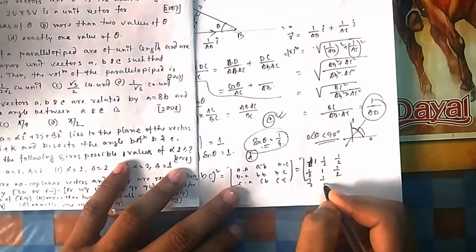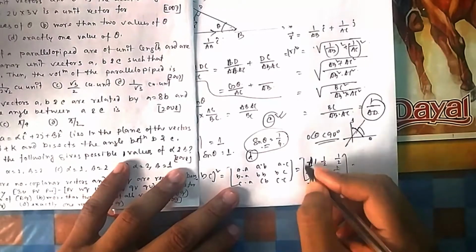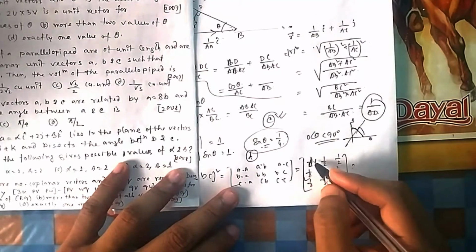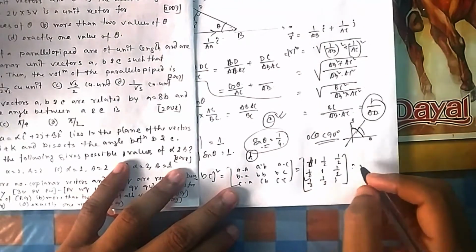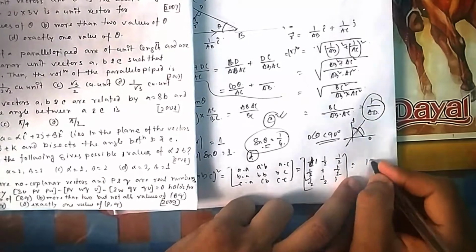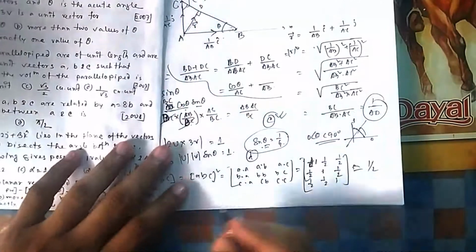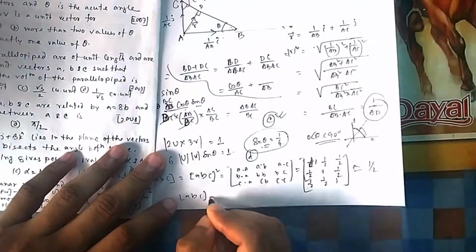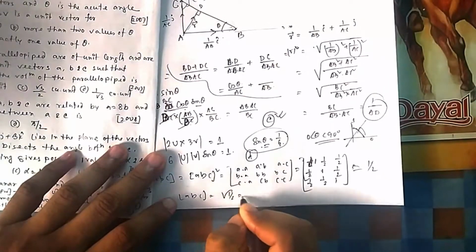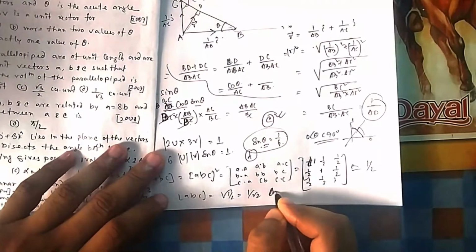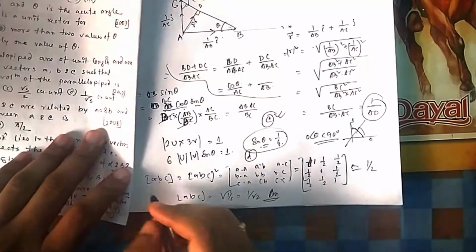So this is half, this is half, this is 1. So you can open this determinant, I told you how to open it. I think you can do it. If you do it, it will be half. Therefore box ABC is equal to root half, or 1 by root 2. That is your answer, that is option A.